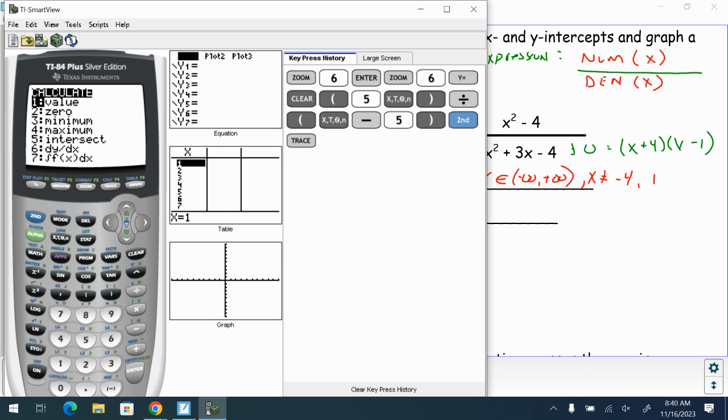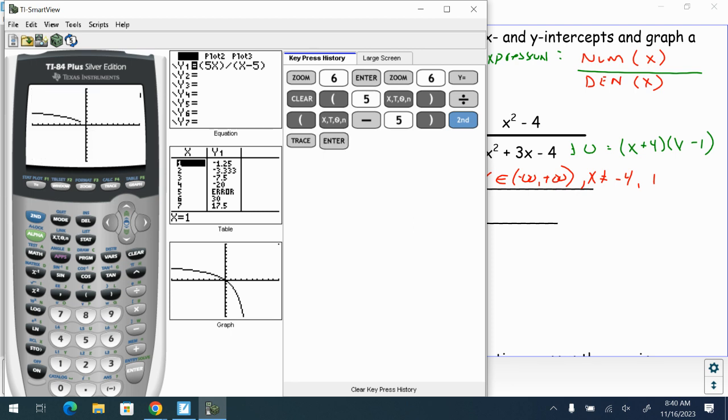This will allow us to do some calculations. You should see values, zeros, minimum, maximum, and so on. We only want to worry about the value. So we want to calculate the value of our function.